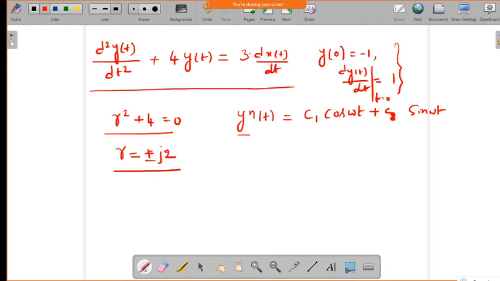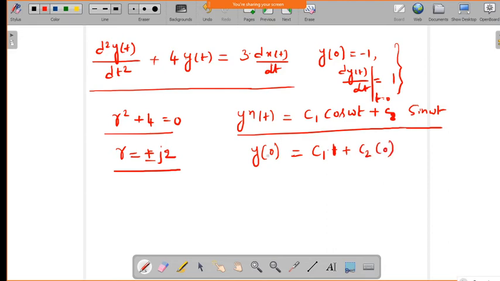These are the initial conditions given along with this equation. Now your natural response is C1 into cos omega t plus C2 into sin omega t. We can put t equal to 0 to get the constants C1 and C2. Since sin 0 is 0 and cos 0 is 1, you will get C1 into 1 plus C2 into 0.